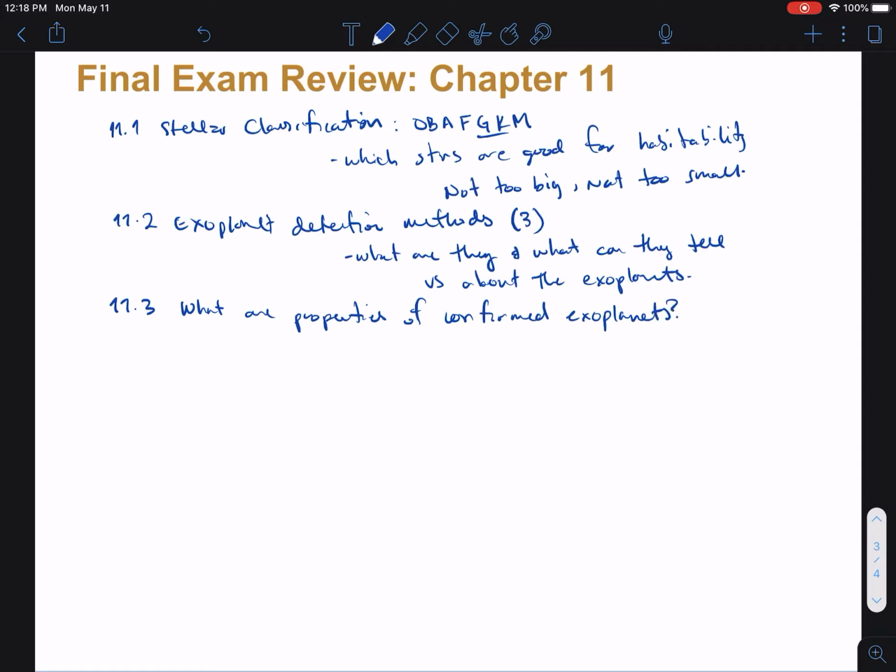What are their properties? And really we looked at that compared to our own solar system. They tend to be finding bigger planets with closer orbits, also more eccentric orbits. Now there are some confirmation biases, or detection biases, I should say, that lead us to find bigger planets. You should be able to explain that.